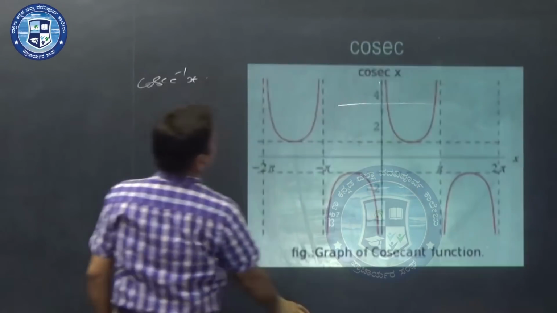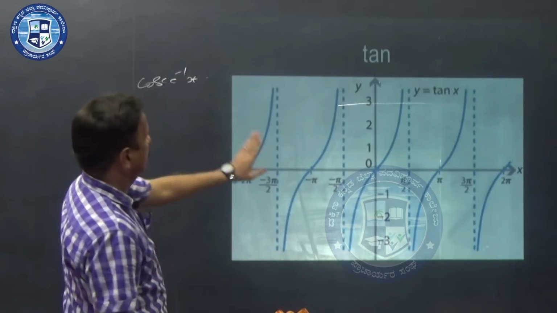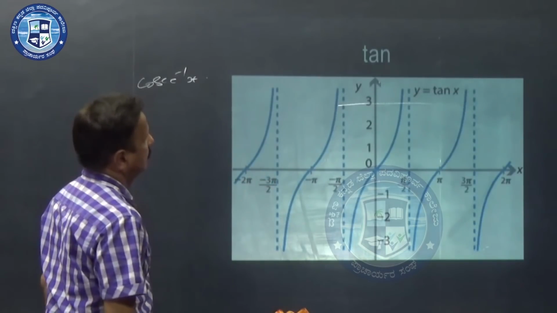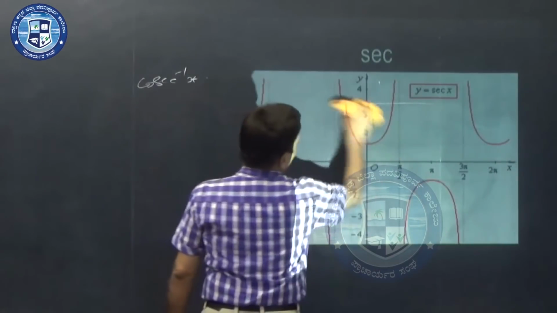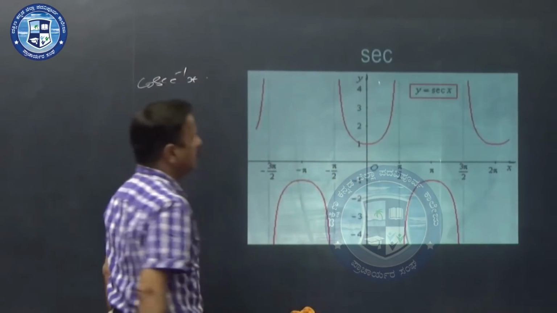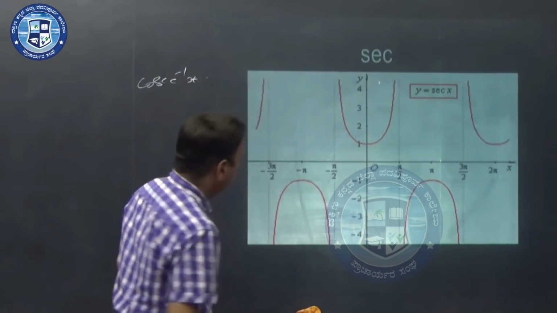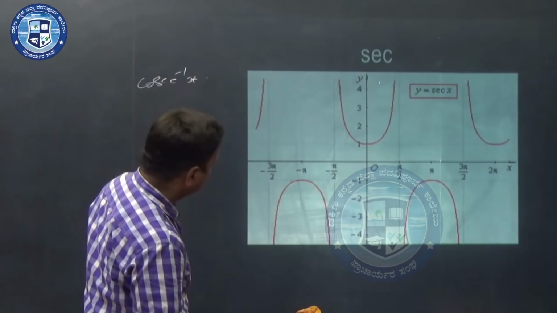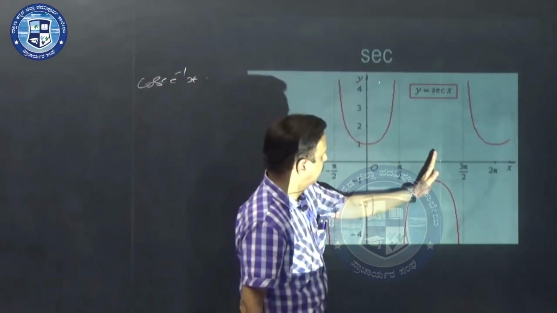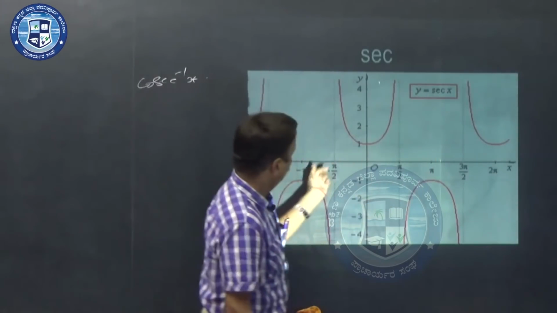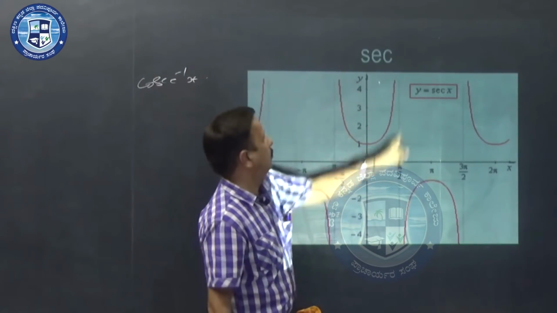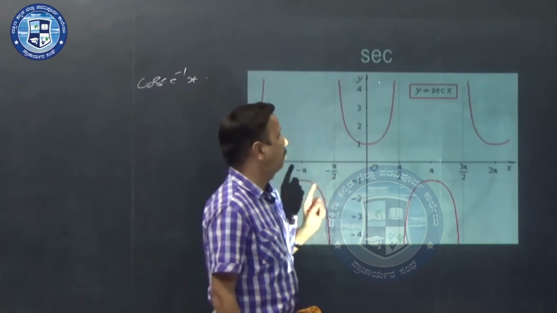Cosec we have considered, tan also we have considered. Next, secant. For a similar reason, you find that secant inverse will exist only between 0 and pi, not between this and this, because if you draw a horizontal line, it will cut the curve at 2 points.